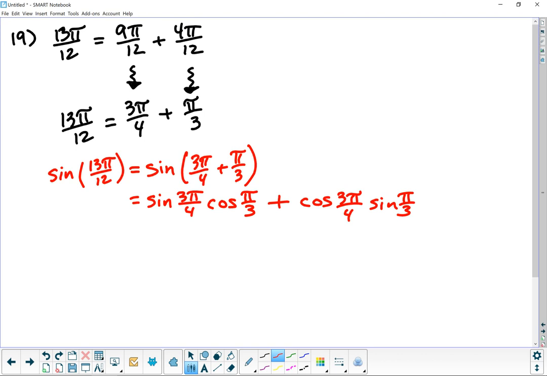Sine of 3 pi over 4 is going to be radical 2 over 2. Cosine of pi over 3 is going to be 1 half. Plus cosine of 3 pi over 4 is going to be negative radical 2 over 2. And sine of pi over 3 is going to be radical 3 over 2.